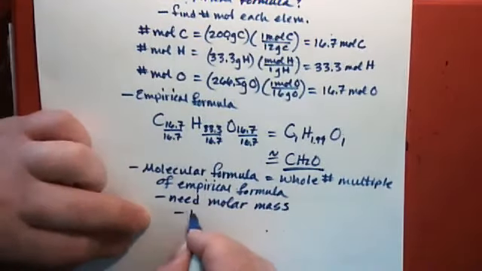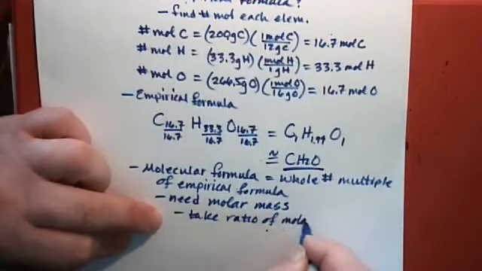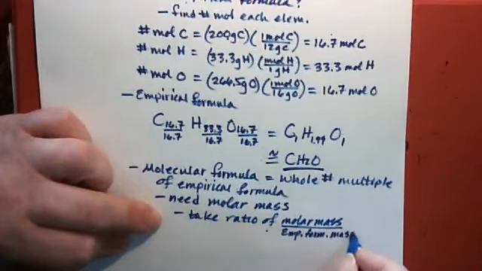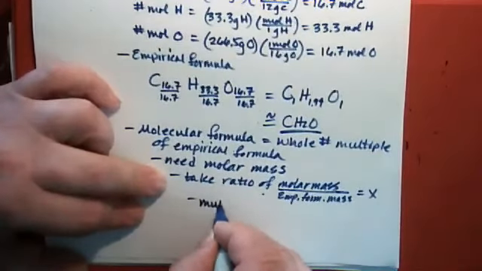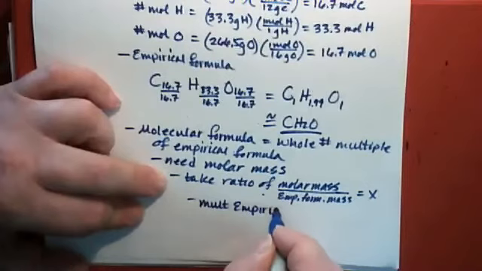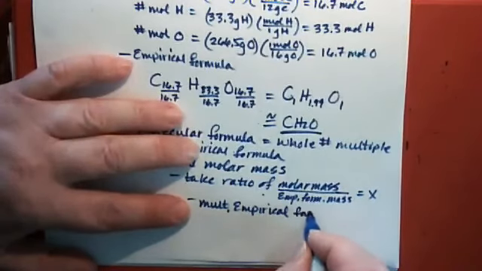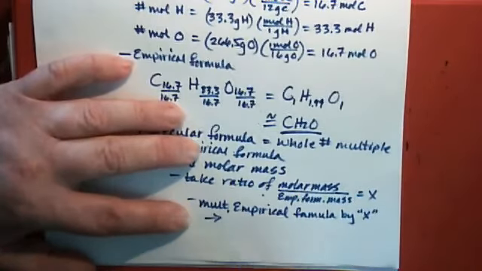And what you do is take the ratio of the molar mass over the empirical formula mass, and that'll be equal to some whole number x, and you then multiply x by the empirical formula, and that's the molecular formula.